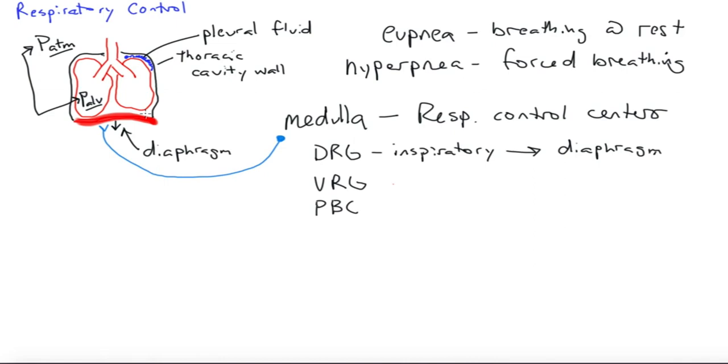Going back to Boyle's law, if it has a larger volume, then it has a lower pressure. And if we lower the pressure inside relative to outside, air would move in, right? And of course, right after that, we would do the exact opposite and move air back out again. But the DRG is an inspiratory center that stimulates the diaphragm to increase the thoracic volume and drive inspiration.